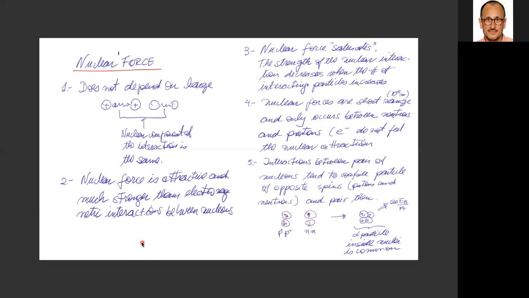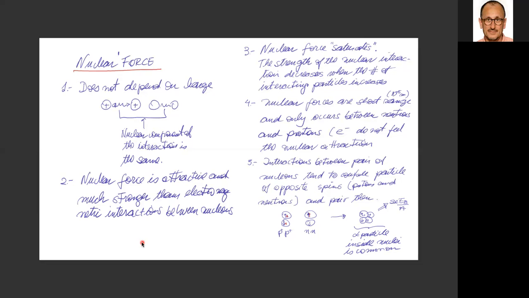If you get close to somebody, let's say you are charged with electric charge, there will be an interaction between you and that person. You will be attracted or repelled depending on the charge the other person has.